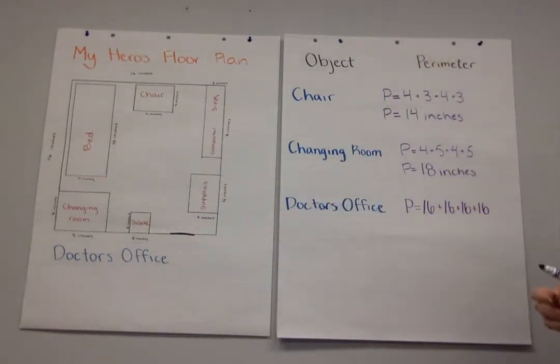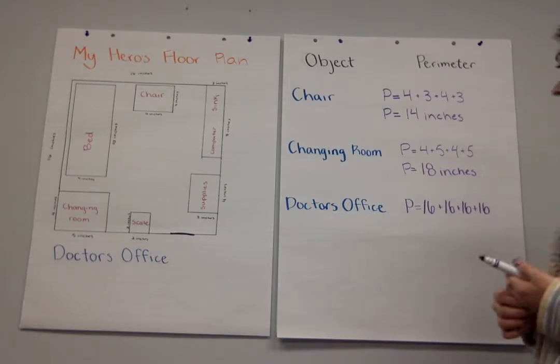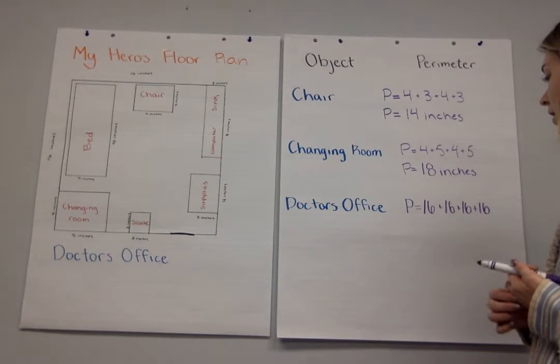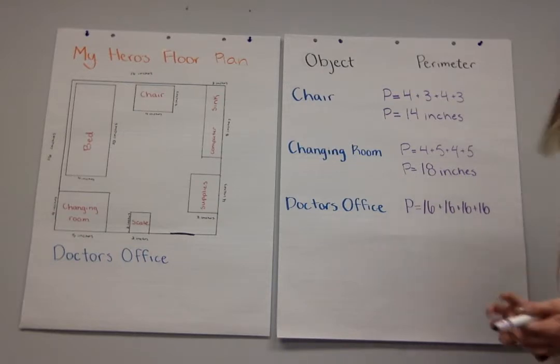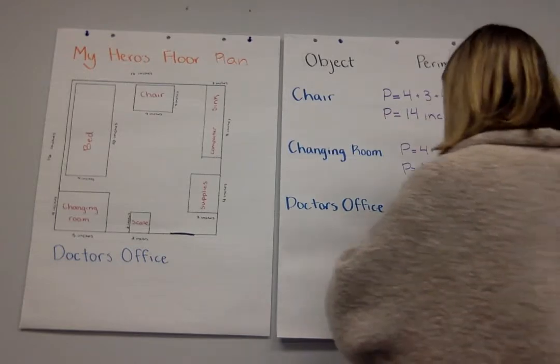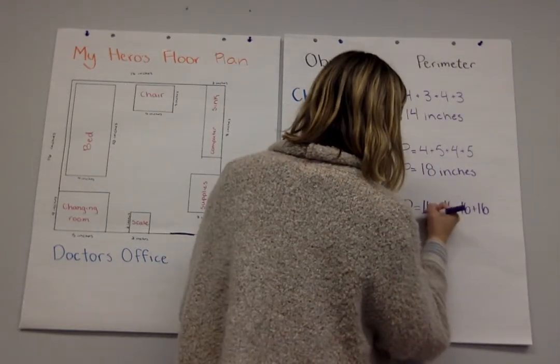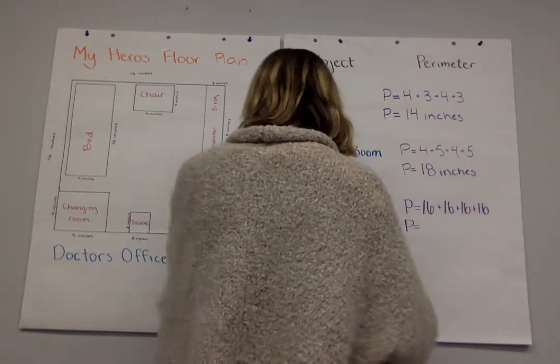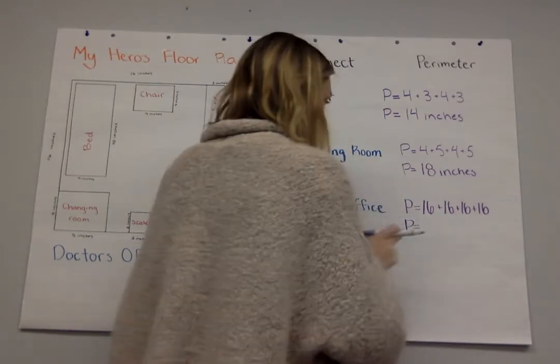So we have 16 plus 16, which is 32, plus 16 is 48, plus 16 is 64. Does anyone else have a trick of another way that I could multiply that together?